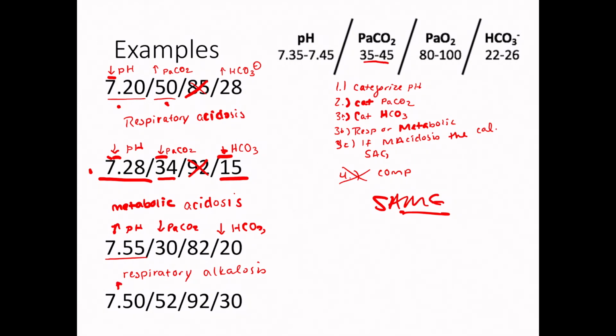pH, high. PaCO2, high. Don't really care about O2. And then your bicarbonate is also high. All these are going the same way. So we see that the pH is high, so we already know that this is an alkalosis. All these are going the same way. So ME, metabolic.